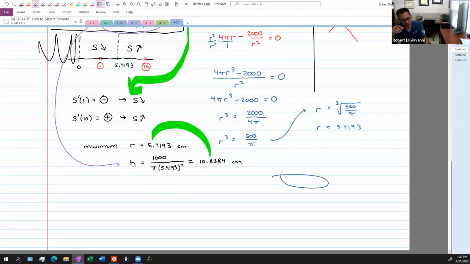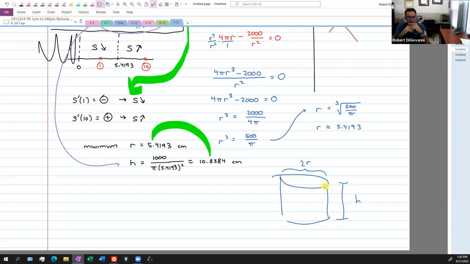What they're saying is that whatever this height is, that height is twice as much as the radius. So this right here is double the radius, which is the diameter, which means that if you're going to do this the most efficient way, you want your height and diameter to be equal.